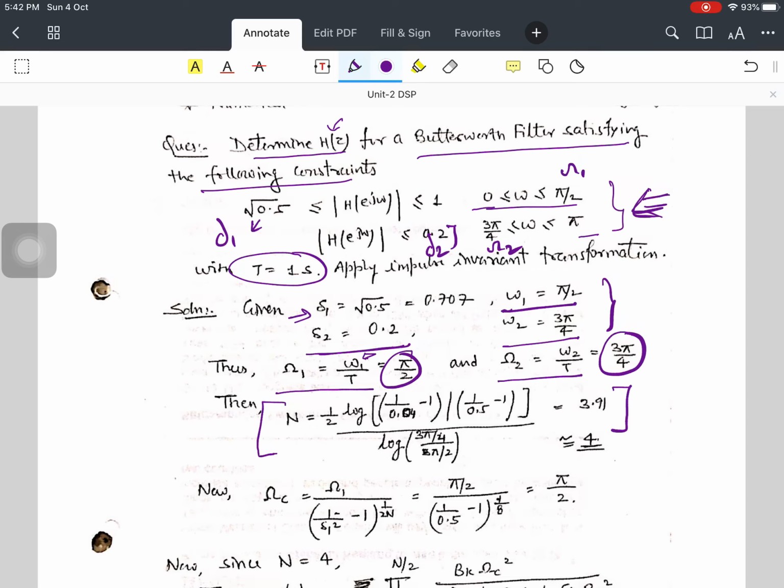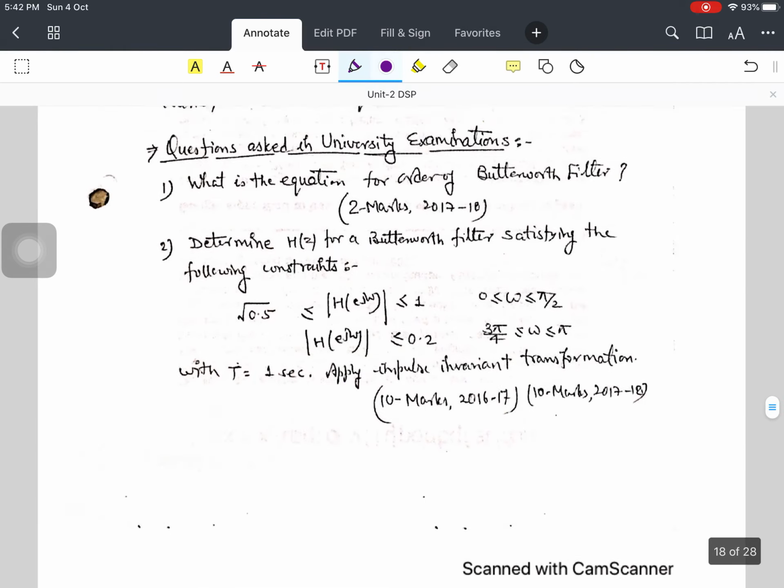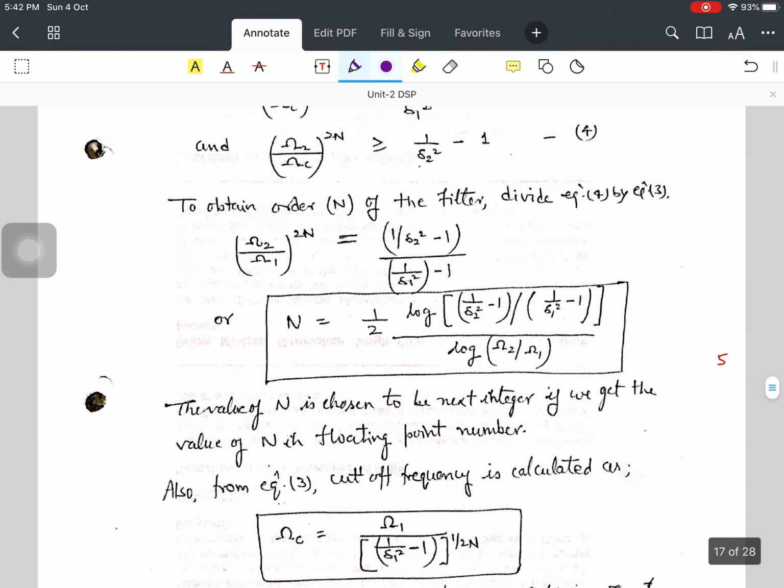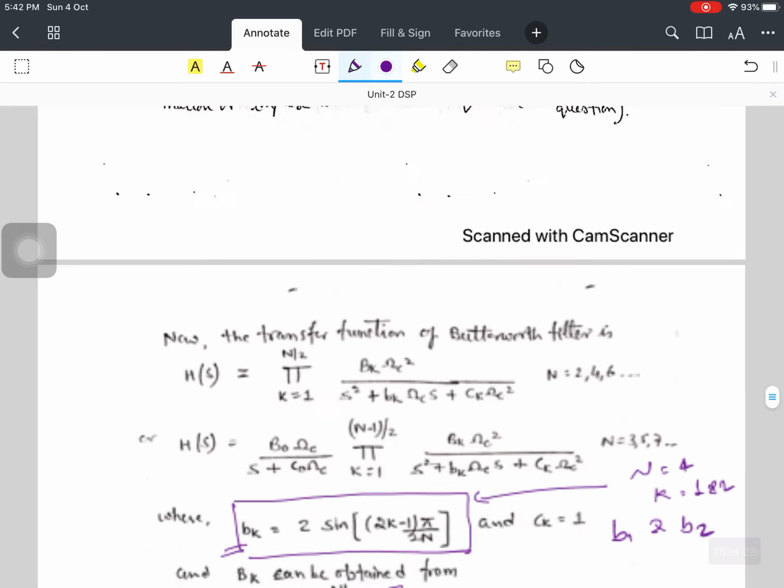We know this formula; we have seen this generalized formula. We know the values of δ2, δ1, Ω2 and Ω1, so we just put all these values in and calculate the value of capital N, the order of the filter.